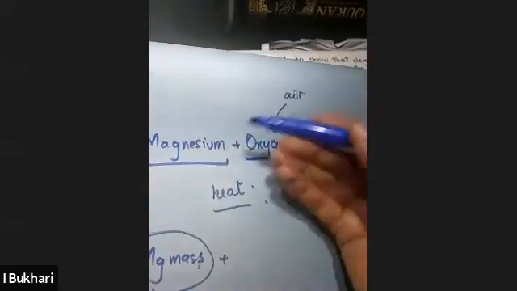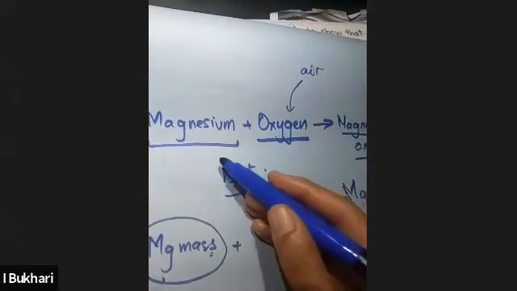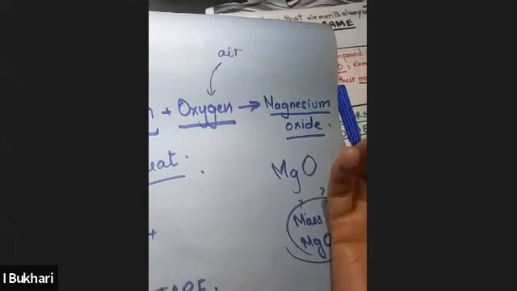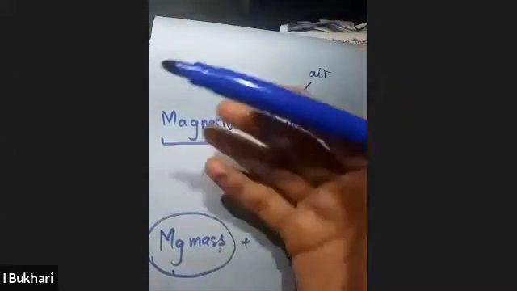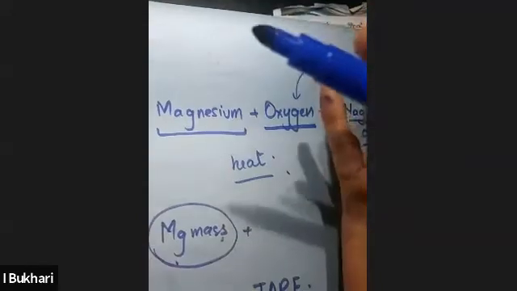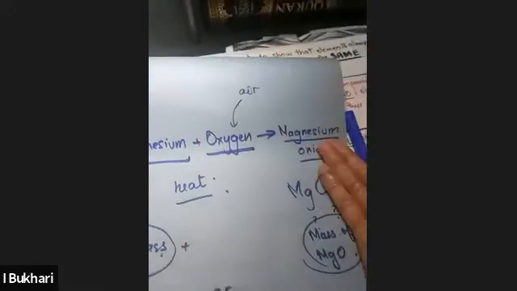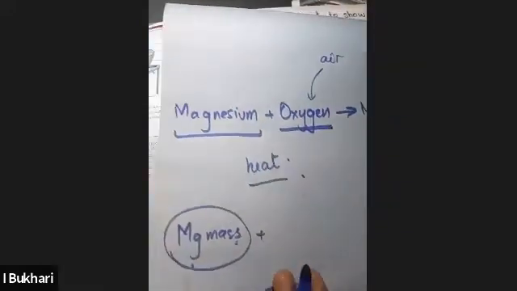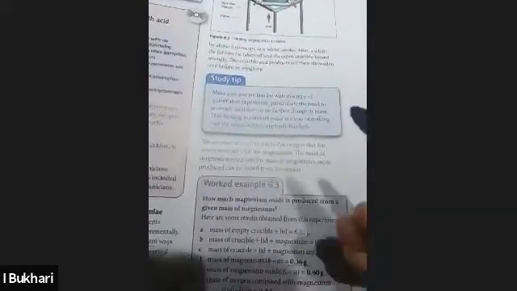So though there might be oxygen supply from the air and you're heating it, there is no more magnesium, so no more magnesium oxide being formed. Simple. Magnesium has finished. That's it. So that's when we know the reaction has completed, and so we can stop the experiment, right?